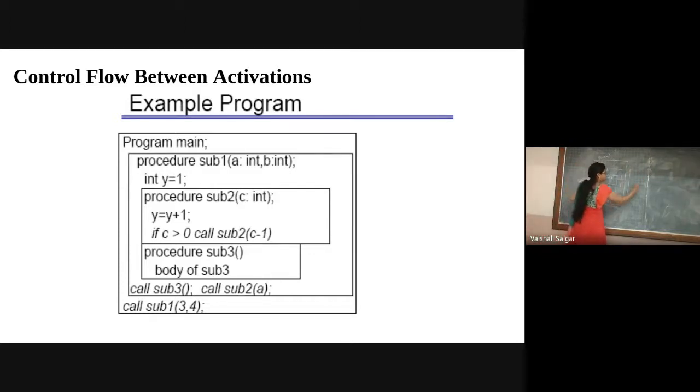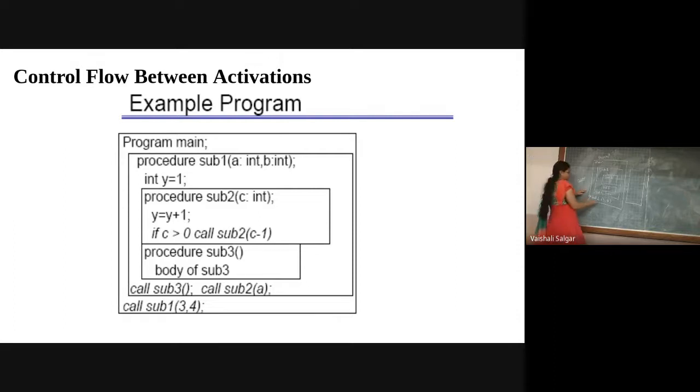So can you just tell me, now the main program is there. Now from main, it is calling sub 1, right? From the main program, these are the function definitions, but the actual activation of the procedure will start from sub 1.